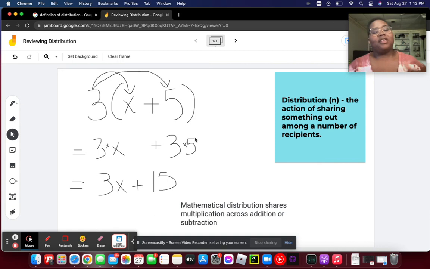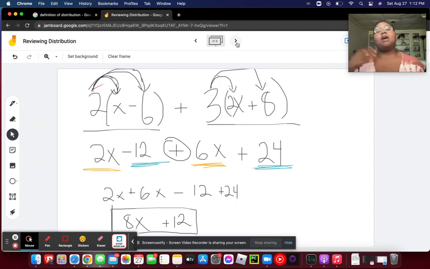We had this example where it was one number, one in 2 variables, simple distribution. We had a more complicated example where we did 2 distributions in one expression, with the key point of remembering that you distribute to your direct neighbors. This 2 is going to multiply by this x and negative 6, not by the 2x and the 8 over there.